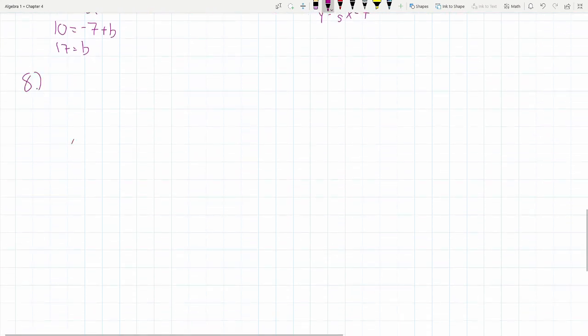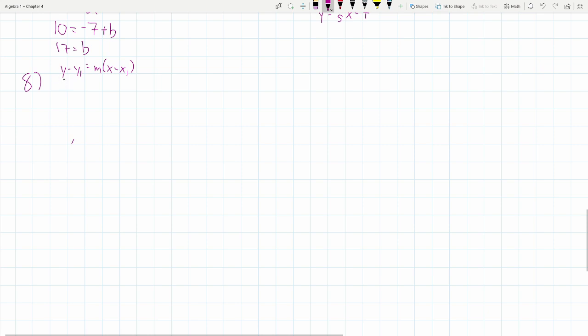Alright, number 8. Write a linear function f with the given values in point slope form. Point slope form, again, is, well, we just did it, so y minus y1 equals m times x minus x1. Alright.